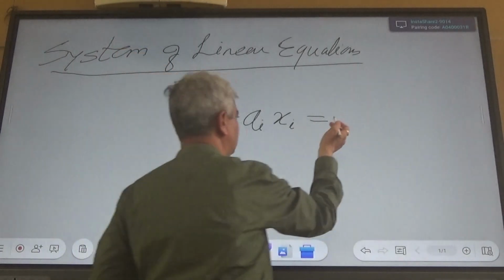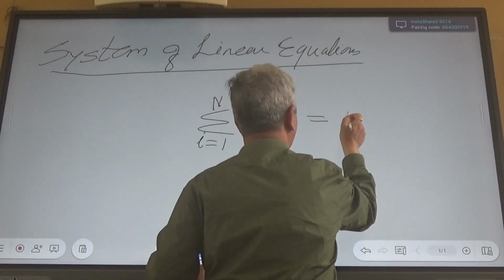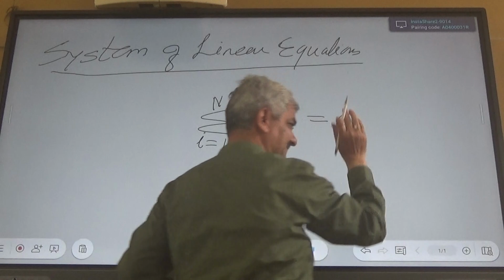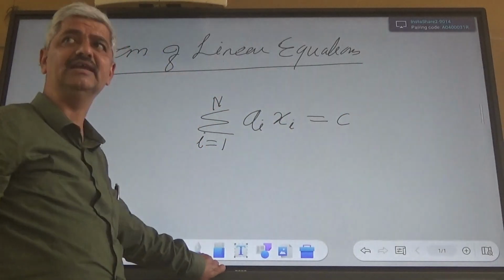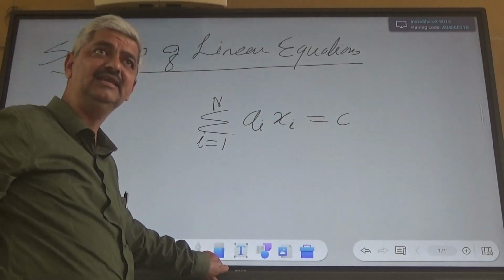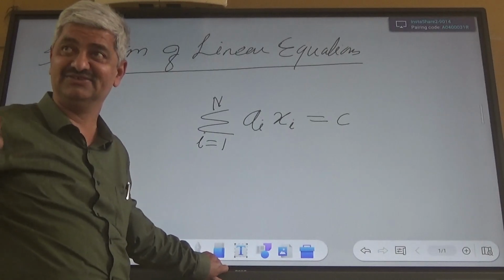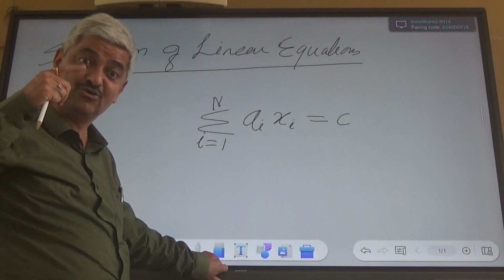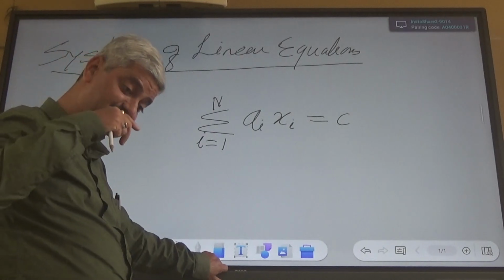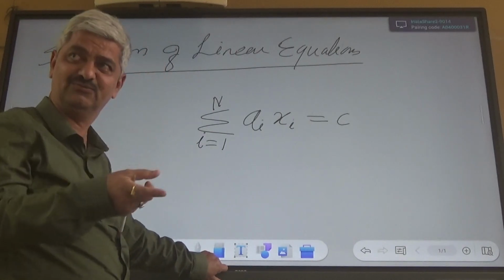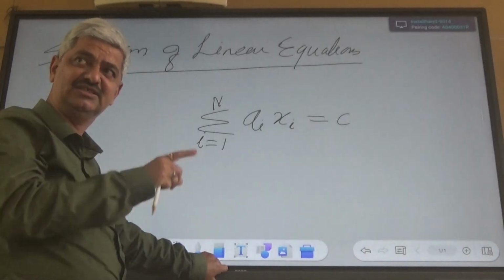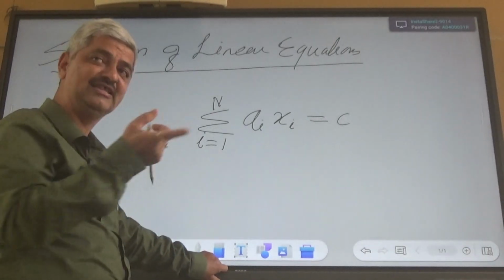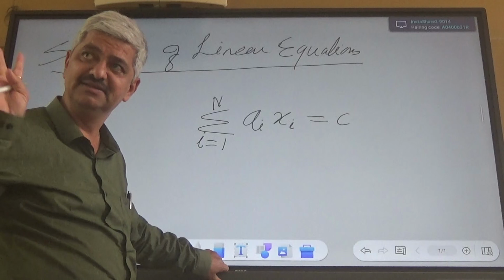So that we can say as C, where these ai and C are real constants. If we allow them to be complex, then it will change the entire perspective. So ai and C are real constants. They can be either positive or negative. Is it right? This is a linear equation.